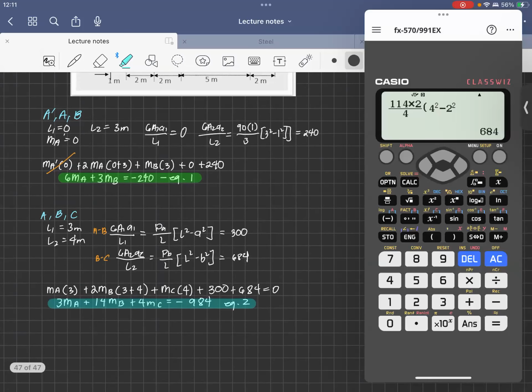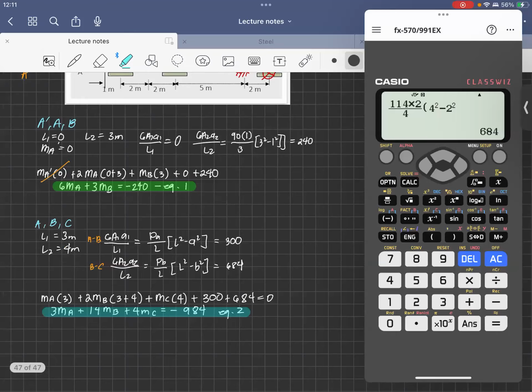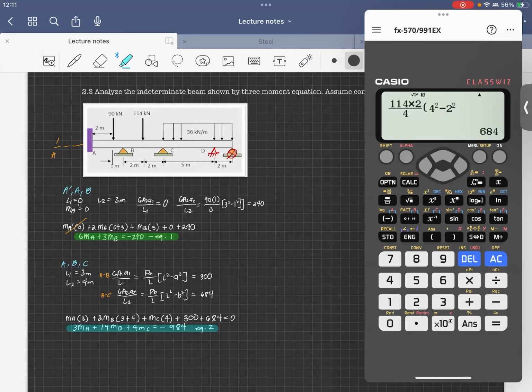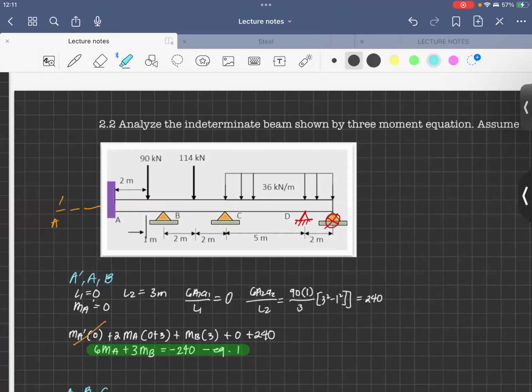Then equation 3, another 3 points. Let's use, what was it?